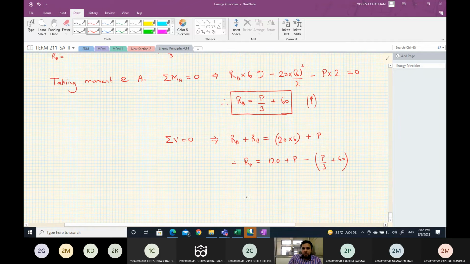So you will get RA equals to 60 minus 60 plus P minus P by 3, that will be 2P by 3. Okay, so you can write this as RA is equals to 2P by 3 plus 60.